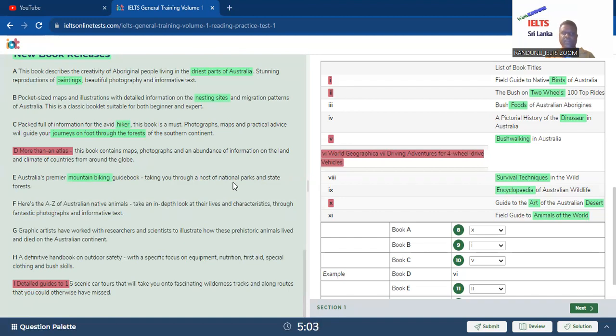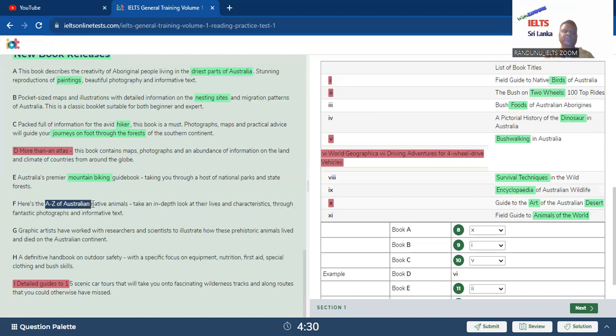Number 9. F is number 9. A to Z, here's the A to Z information. Australian native animals, take an in-depth look at their lives and characteristics through fantastic photographs and informative texts. Number 9 is encyclopedia, right? A to Z means all the information.